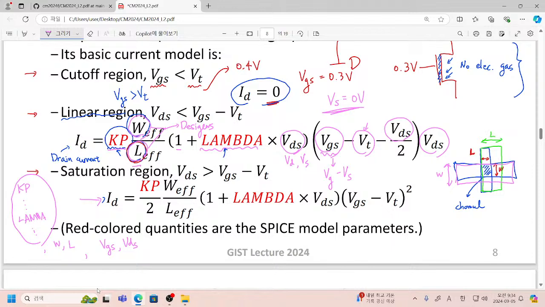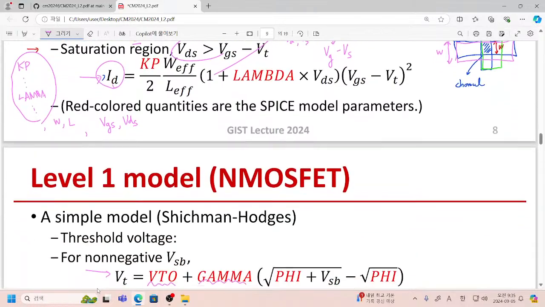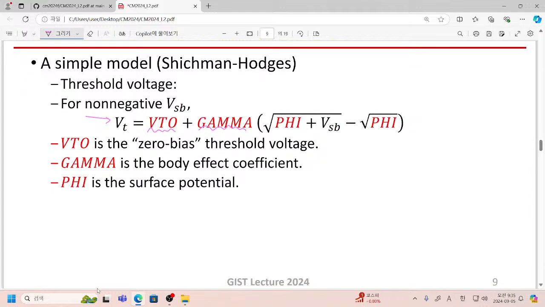Depending on these conditions, whether this is the cutoff region, linear region, or saturation region, select one of them. After that, just evaluate it, then you will get the drain current, and that drain current will be used to specify the operation of your MOSFET. The explanation is a little bit lengthy, but this procedure is quite straightforward.